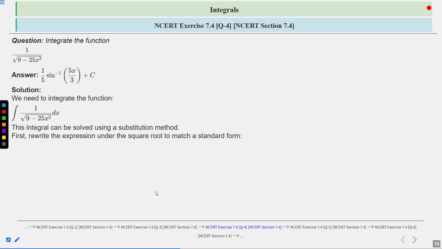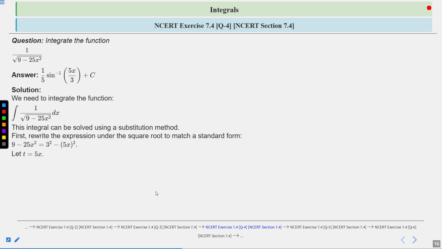First, we need to rewrite the expression under the square root to match a standard form. So 9 minus 25x square is equal to 3 square minus 5x whole square.